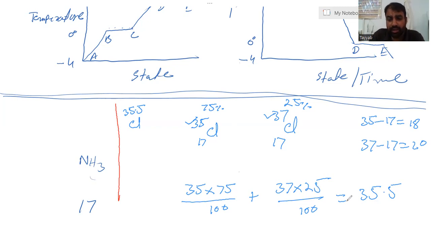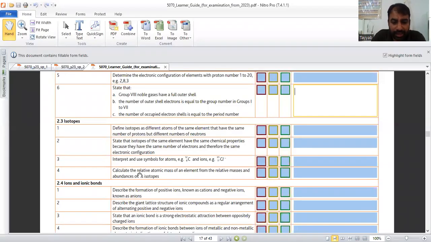After calculation, add the answers, you will get 35.5. This is called Ar, the relative atomic mass of an element. Relative atomic mass is always of an element, and atomic mass is always of an atom. Here you can see: calculate the relative atomic mass of an element from the relative masses and abundance of its isotopes. Hope you are clear with this.